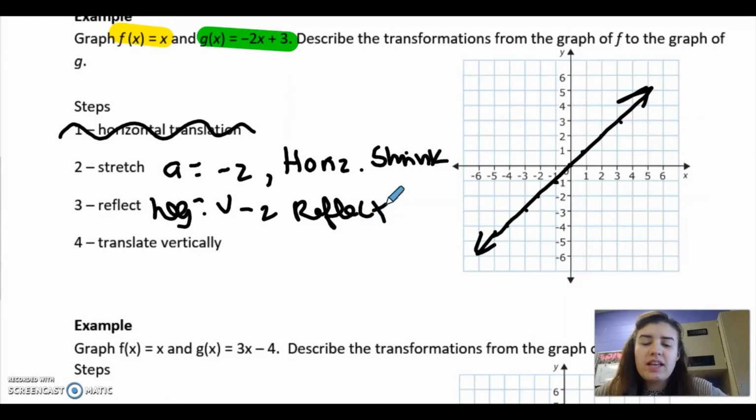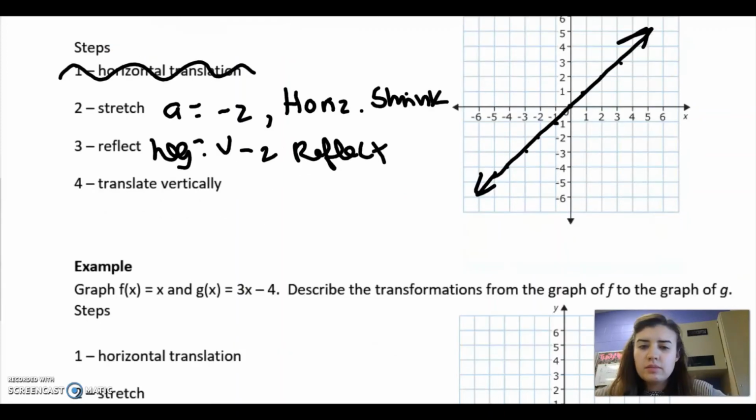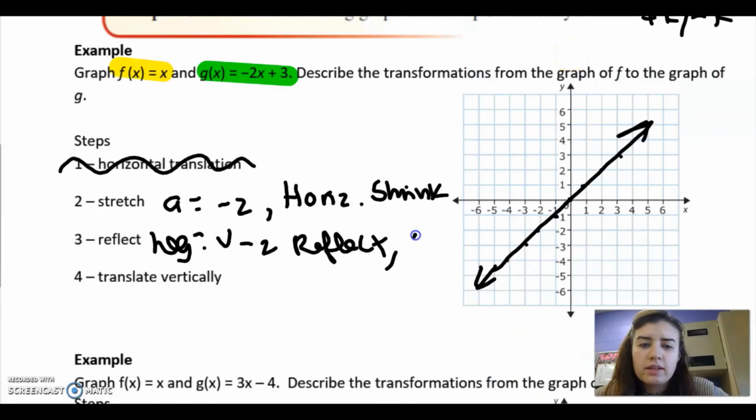And because it's a that is negative, we can expect that to reflect over the y-axis. Let's write that. And will it translate vertical? That's our plus k. And our k is 3.